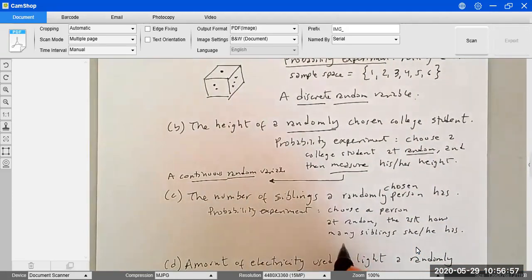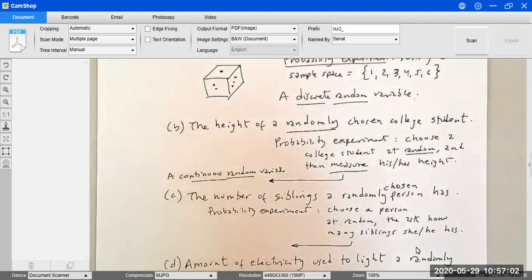So you're gonna have a count. So the person is gonna count her or his siblings.